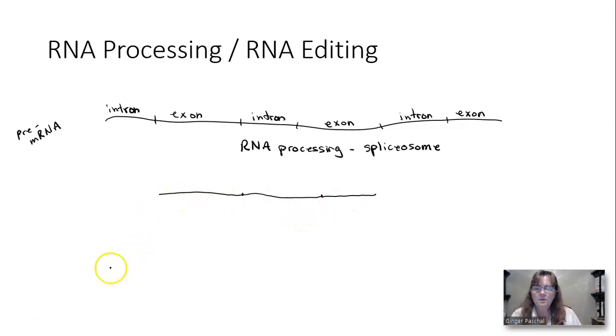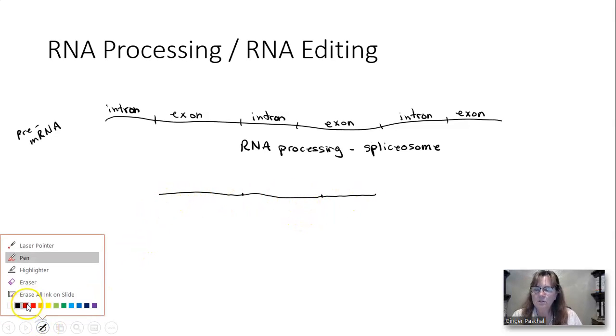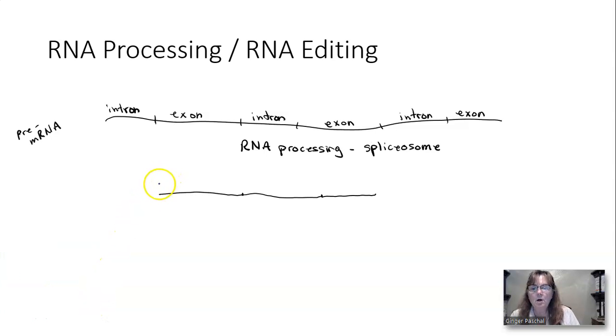And then what we do is we add to each end an additional part. So if this is the 5' end, this would be the 3' end. And on the 5' end, there's a GTP cap that is put on this end.